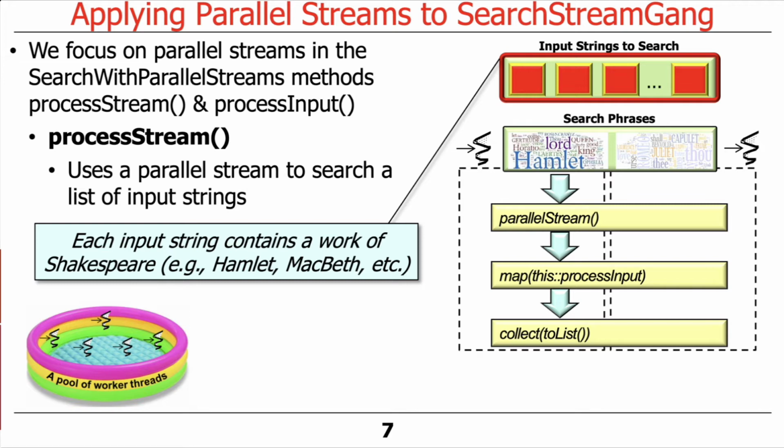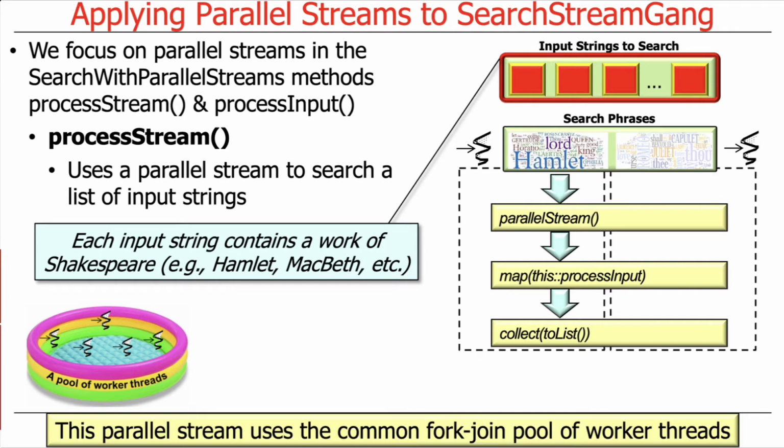What process stream does is it uses a parallel stream to search a list of input strings. And each input string contains a complete work of Shakespeare, like Hamlet, Macbeth, Othello, Twelfth Night, Julius Caesar, whatever is your favorite Shakespeare play, it's in there. And so those are the input strings, and we read those from input files.